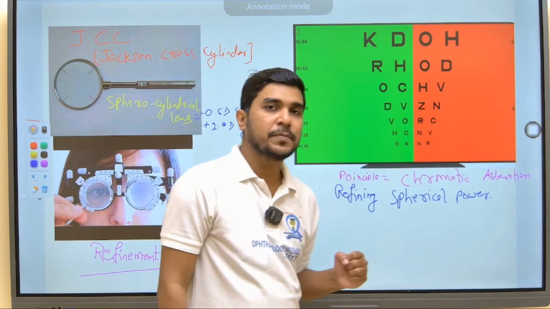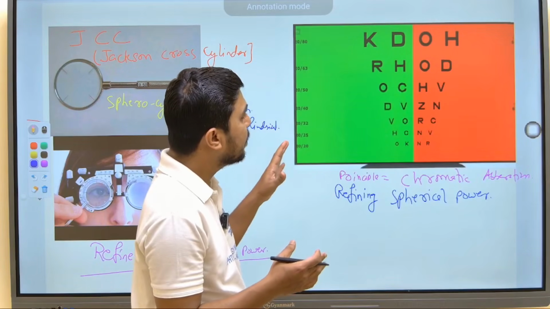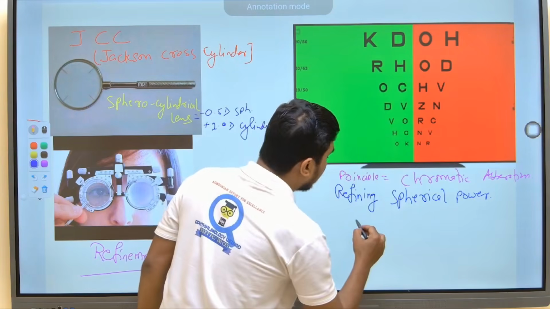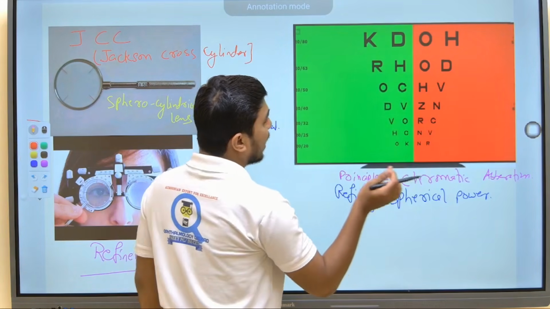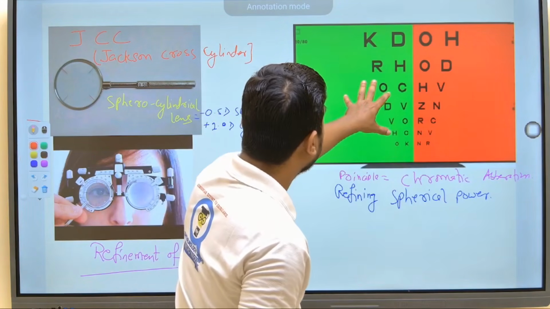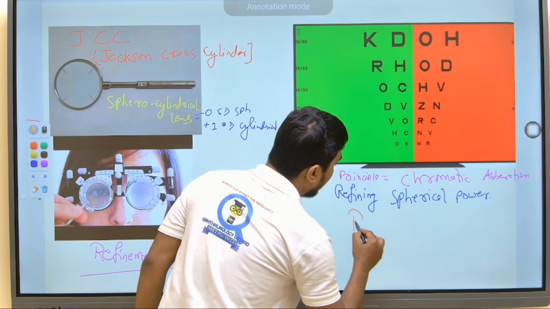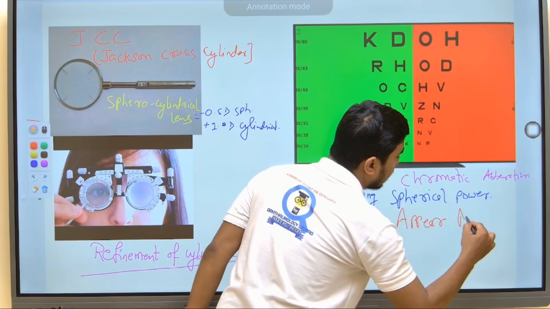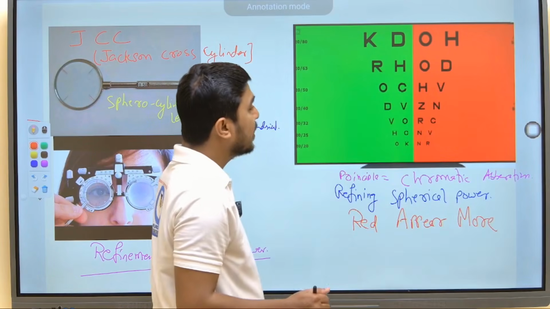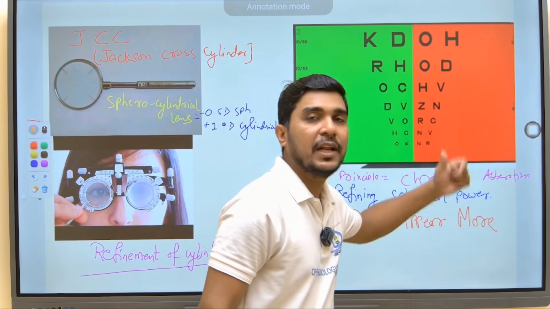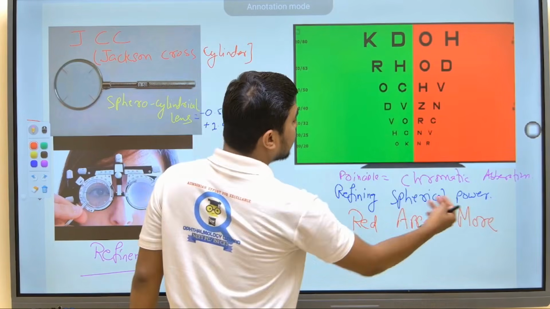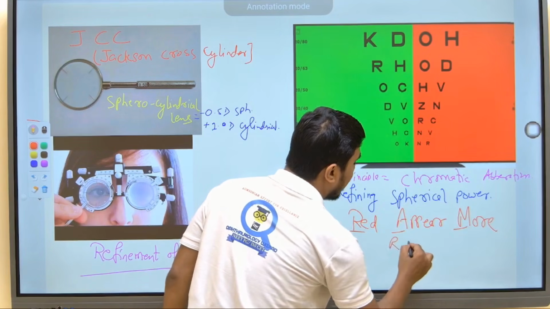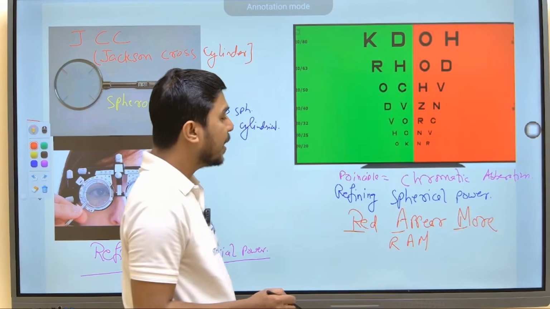How is it being used? If a patient is seeing this image and he is telling that red appears more, meaning he can see the red one more clearly, the mnemonic is RAM: red appears more.